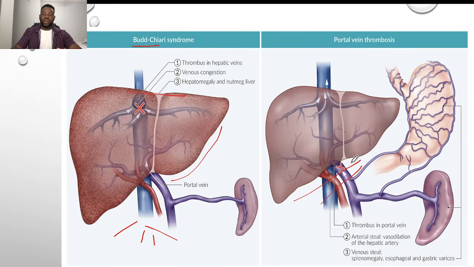But what happens is whatever is coming from all the organs that give venous return through the portal system into the inferior vena cava will have congestion. As we can see, the vessels on the stomach wall are all congested, and the splenic vein is also congested. So let's take note of that. If you see edema in the leg and also a swollen liver, the bad guy is Budd-Chiari.